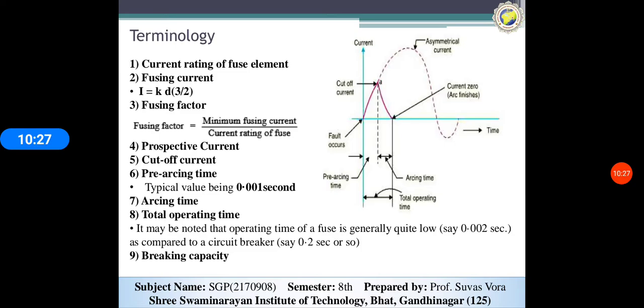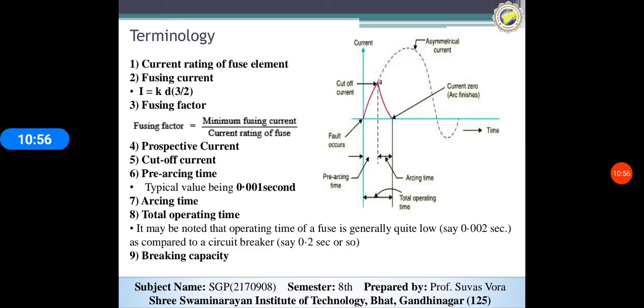Arcing time means the time from the end of the pre-arcing time to the instant when the arc is extinguished. It means that the initial level is the pre-arcing time, and at the end of the pre-arcing time, the arc is actually generated in the fuse. This one is called the arcing time.